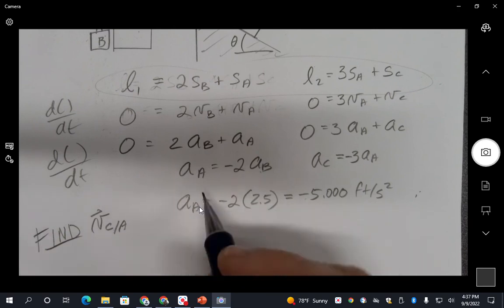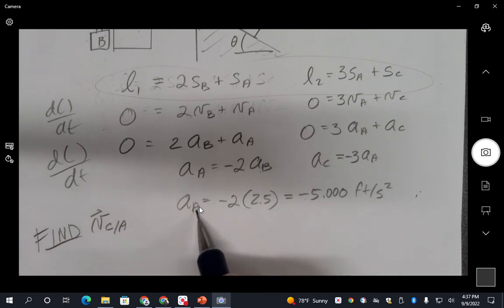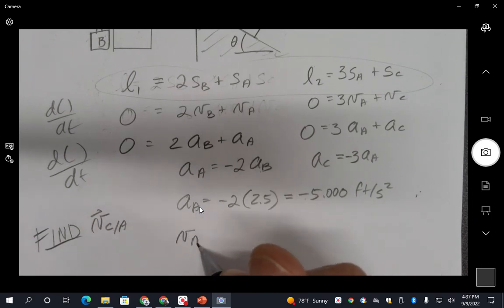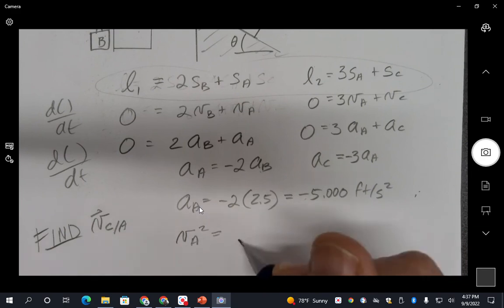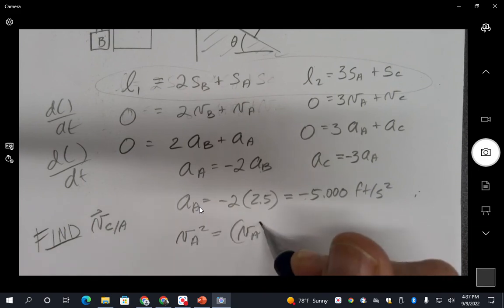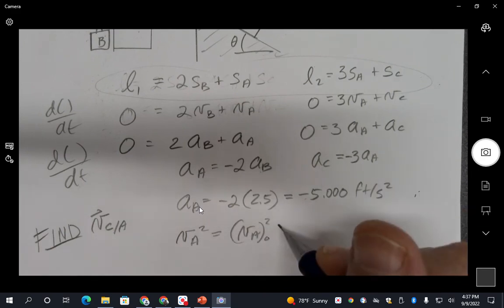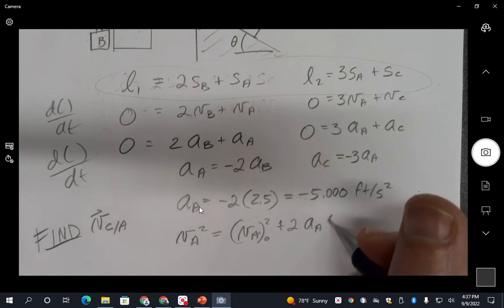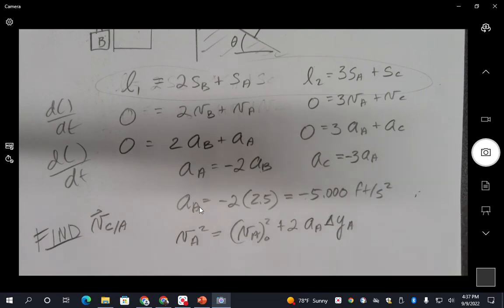Yep. So we could get VA now that we have this right here, because we know its distance and we know its acceleration, so we could find its velocity. So the velocity of A squared is equal to the initial velocity, which is of course 0, plus 2 times the acceleration of A times delta YA, I'll call it.